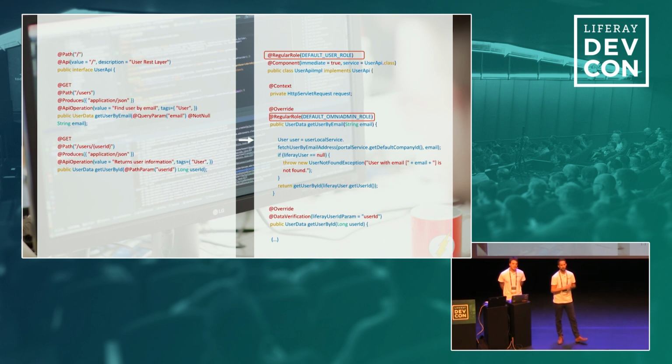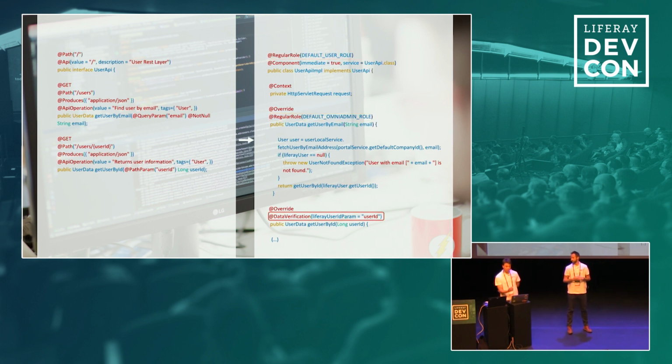And in this case, would it be somehow feasible to also use permissions, so still keep the Liferay permissioning system? Yeah, at the end, for example, in our case, as you can see here, we have our custom filter, data verification. We also moved that to the permissions layer of Liferay. In that case, we don't use an annotation, but we use the permissions layer of Liferay just to check if the user has access to do something, and throw, for example, a forbidden exception to the top.